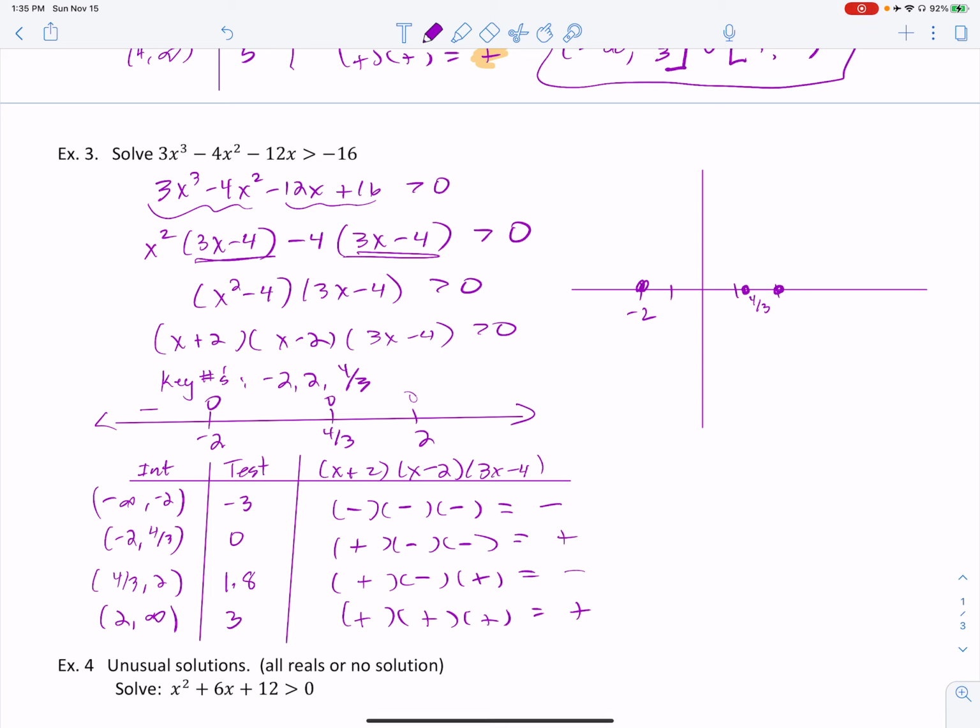And it's a polynomial, so it's a smooth continuous curve. We are alternating from negative to positive in this case. There are no bounces because none of these factors had a power other than the first. And so it's coming up from below and crossing at some point, crossing back and being negative between 4/3 and 2 and going back up.